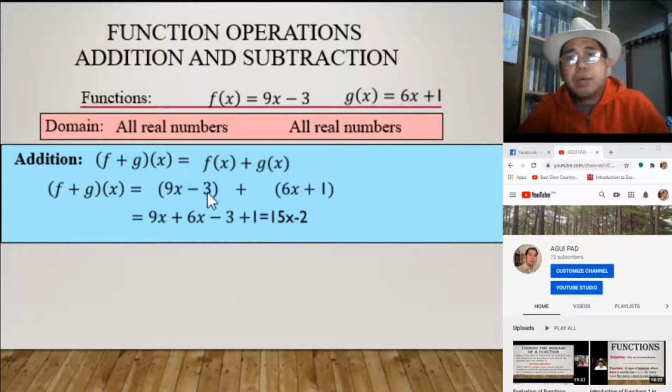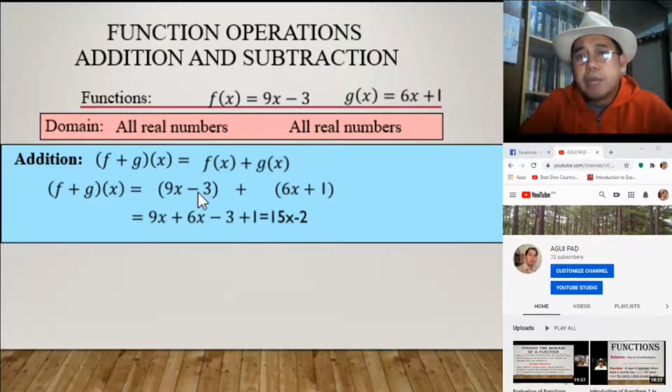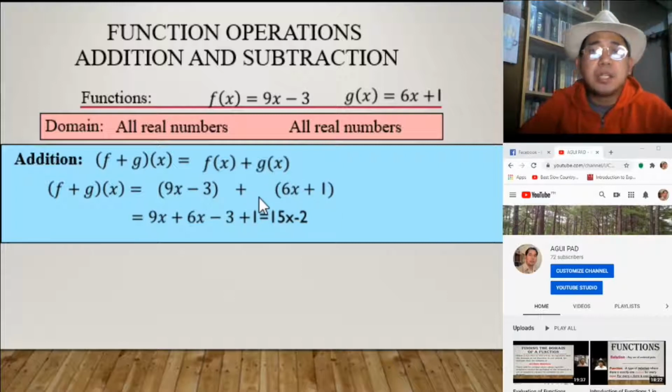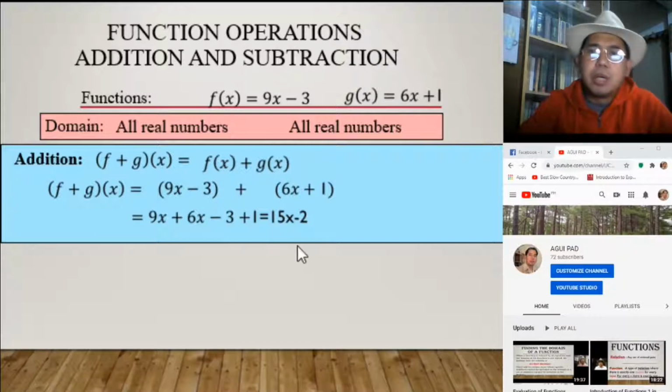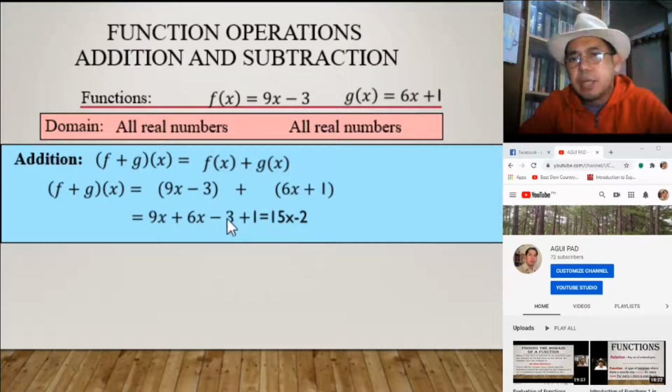Another one in here is negative 3 and positive 1 that we are going to add. That is the addition of unlike signs. When we add unlike signs, we just subtract and carry the sign of the greater number. As you can see, negative 3 plus 1 will give you 2. What is the sign of the greater number?